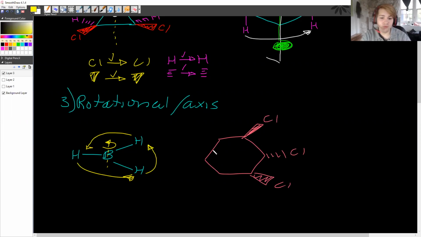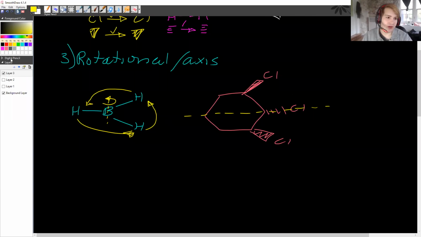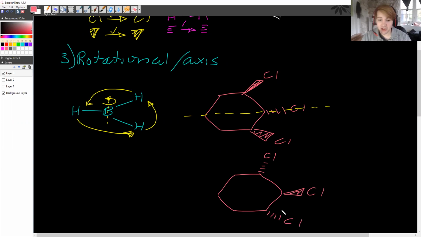And what we did is we rotated it in our minds, and we saw that chlorine, that we were doing the comparison. We rotated it in our mind, and what we saw is that in the rotation, we ended up getting the comparison. So we ended up seeing the same molecule.